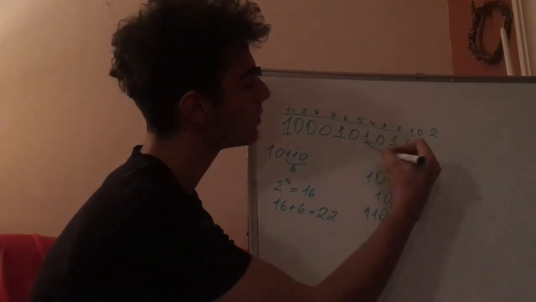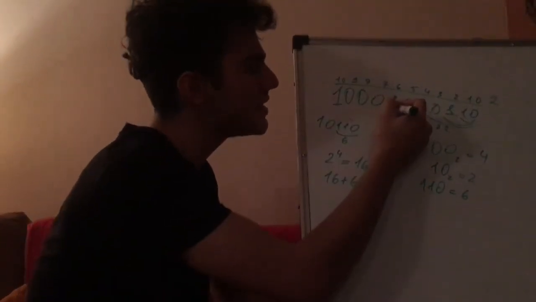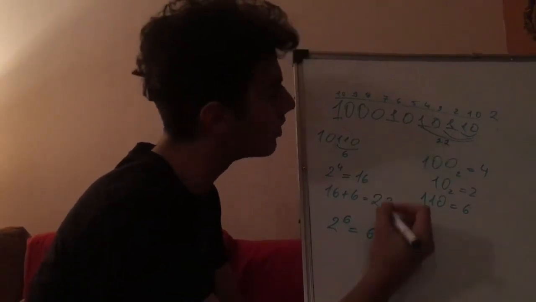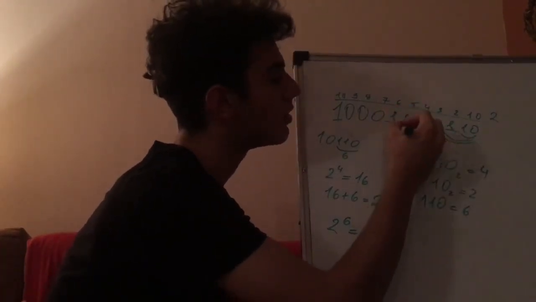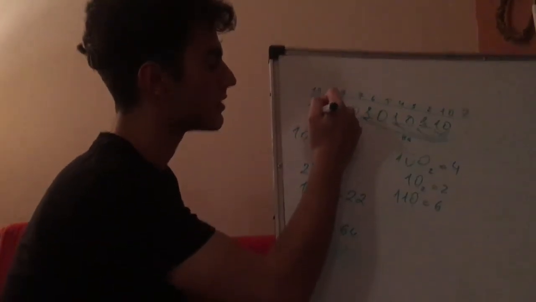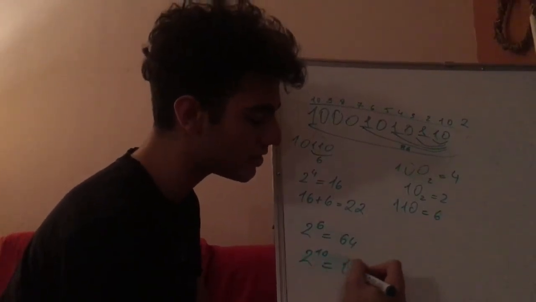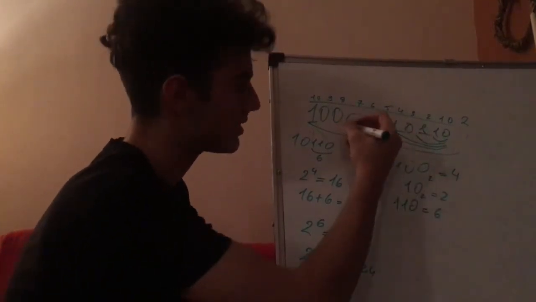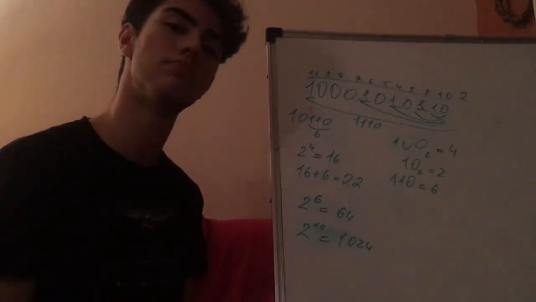So we can replace all this with 22. So this, it means 2 to the power of 6, which means 64. So this is 64 and this is 22. So we can replace all this with 86, with the sum of them. And last but not least, this one here, it represents 2 to the power of 10, which is 1024. So we get 1024 plus 86 is 1110. Easy peasy.